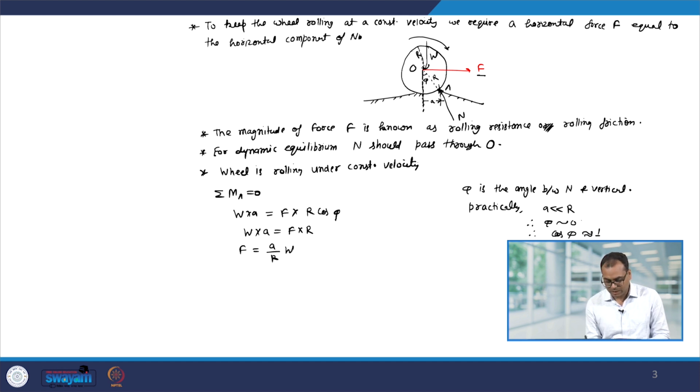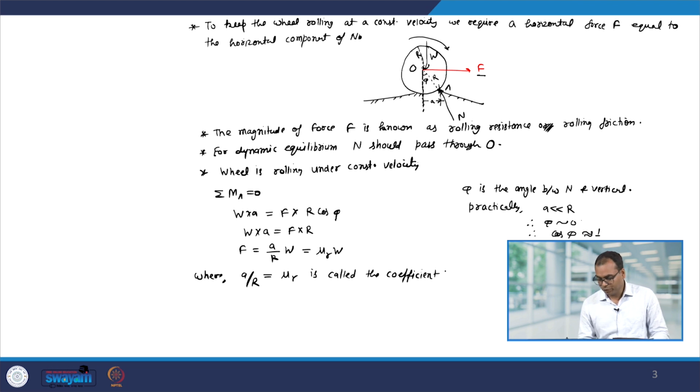So, F equals a over R times W, and this can be written as mu R times W, where this a by R, or mu R, is called the coefficient of rolling resistance.